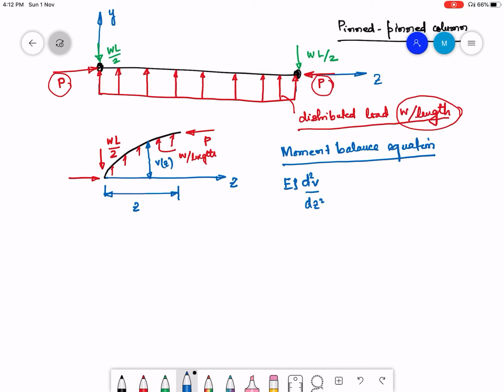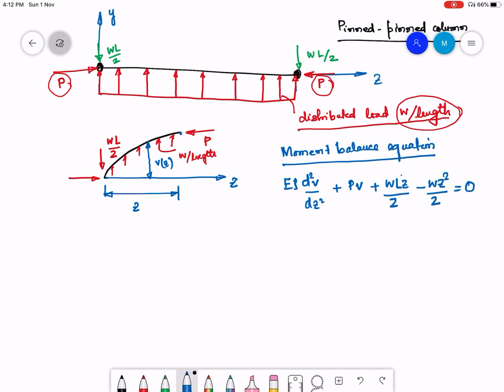Plus, of course, P times v, which is the other moment produced, plus WL by 2 times z, minus W z square by 2, equal to 0.